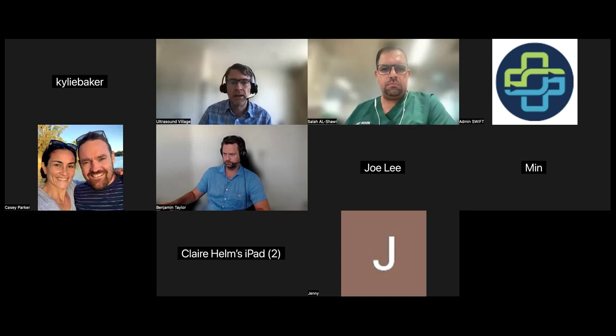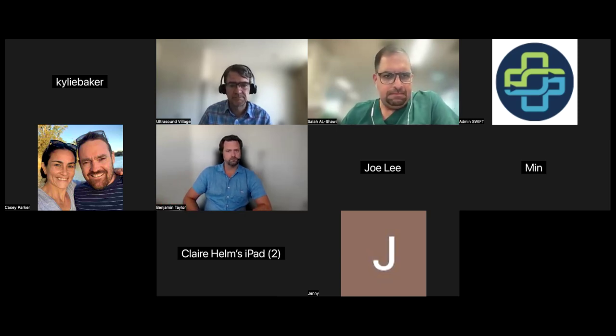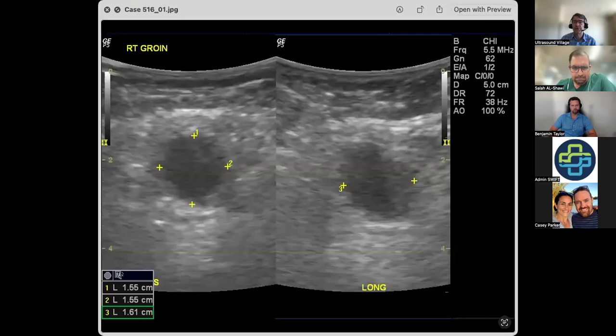Let's have a look. Salah, you can start on this one. This is a gentleman. Here we go. First of all, can you see that image? Yes. Good. So this is a gentleman. He had an angioplasty performed a few days ago.